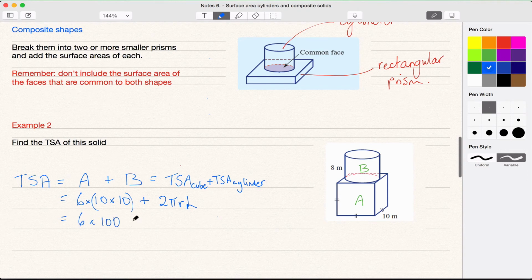Substituting our values in. 6 times 100 plus 2 pi times the radius here, which is going to be 5, and the height, which is 8.